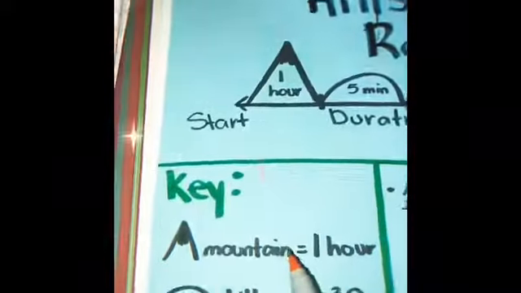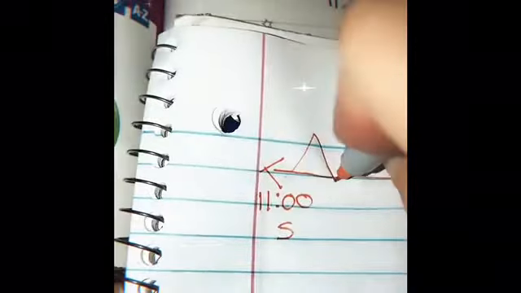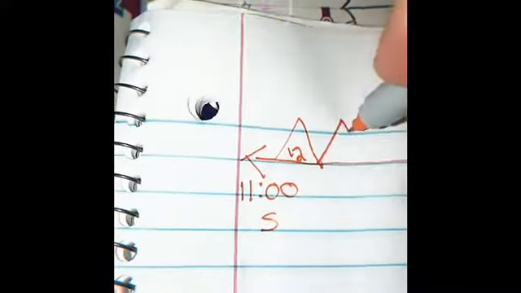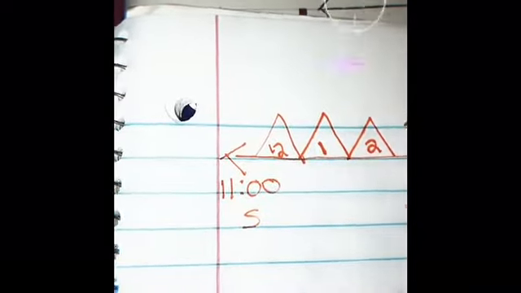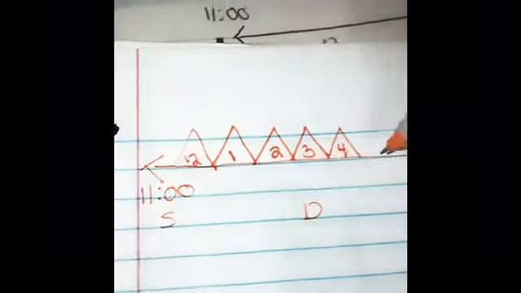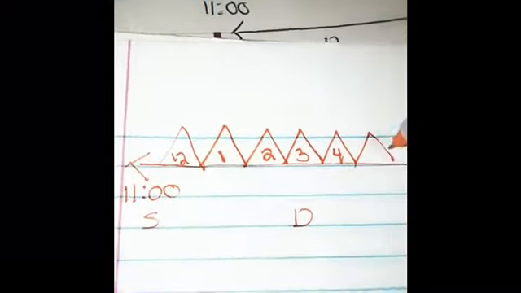Now I'm also going to show you. 11 was our start. We do not know the duration, and our end was 5. I'm going to start with the mountain, which is 1 hour. So 11, this will be 1 hour, so this would be 12. 1 more hour, 1 o'clock. 1 more hour, 2 o'clock, 1 more hour, 3 o'clock, 1 more hour, 4 o'clock, 1 more hour, 5 o'clock, and we already got there.